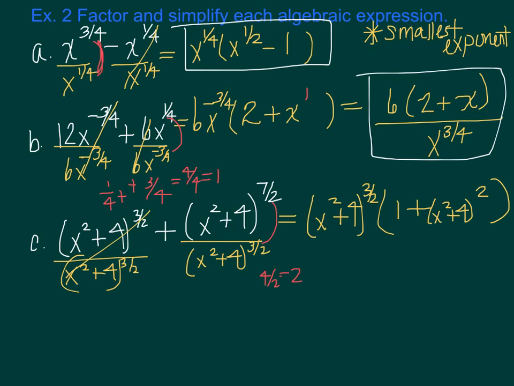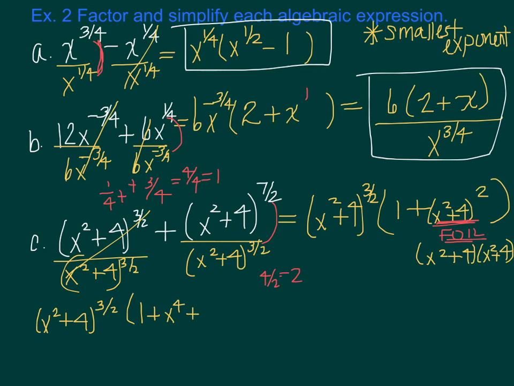Now, because they said simplify, we have to keep going. So we have to FOIL this. So let me write it down here. So you're going to get 1 plus, let me write it twice because this is a common mistake, x to the 4th plus 4x squared plus 4x squared plus 16.